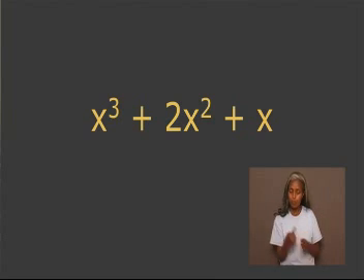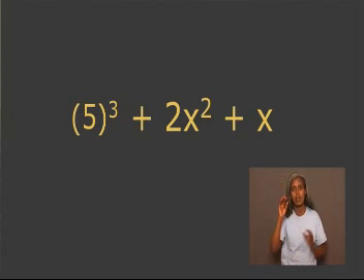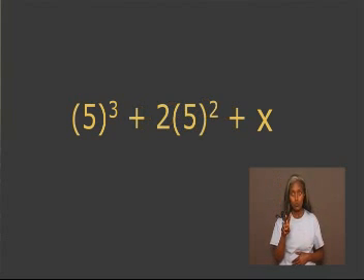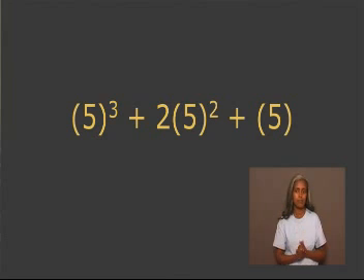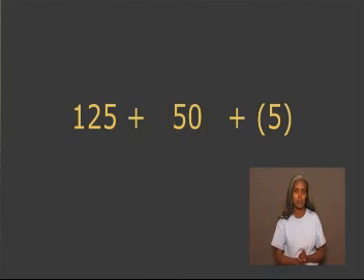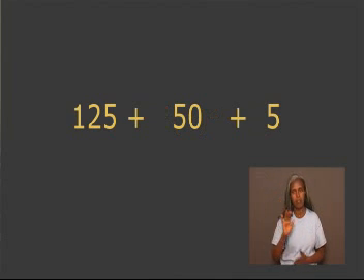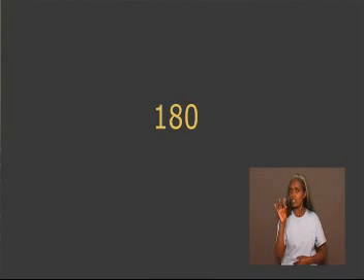So we have 5 to the power of 3 plus 2 times 5 squared plus 5. 5 to the power of 3 is 125. 2 times 5 squared is 50. And 5 is 5. Add them together and we have 180. Wonderful! Step 2 is done.